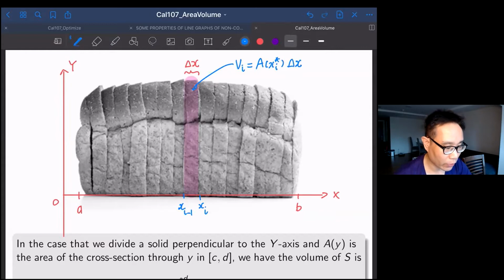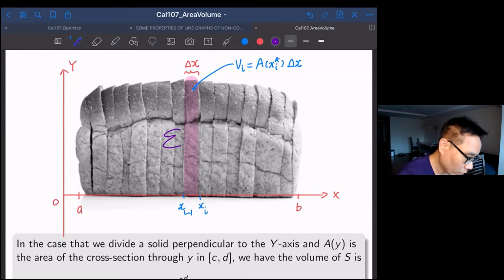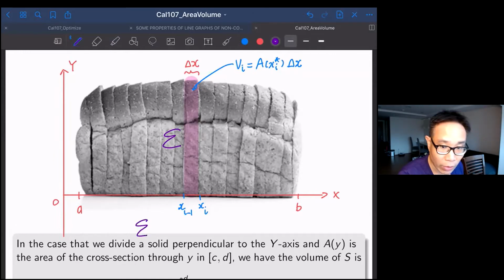So you get the volume of the pink pieces like this, and then you're going to sum the volume of the pieces.